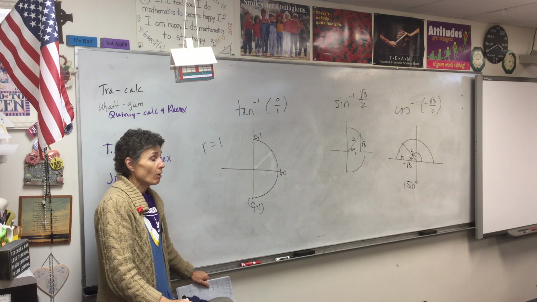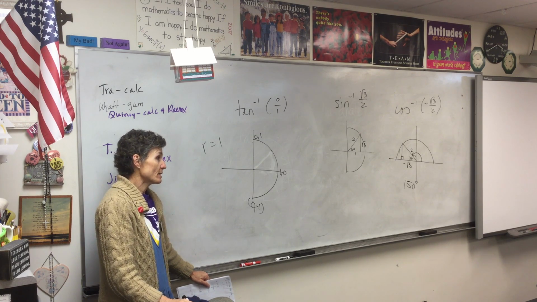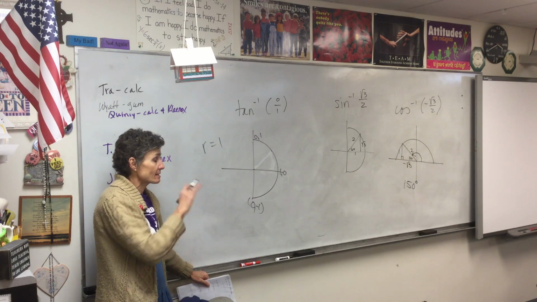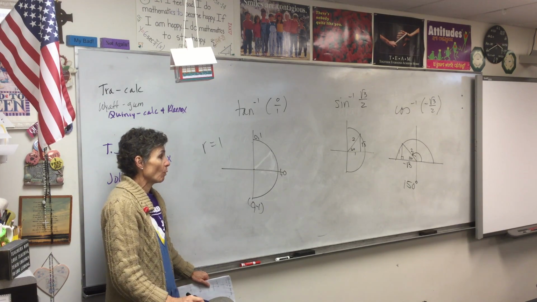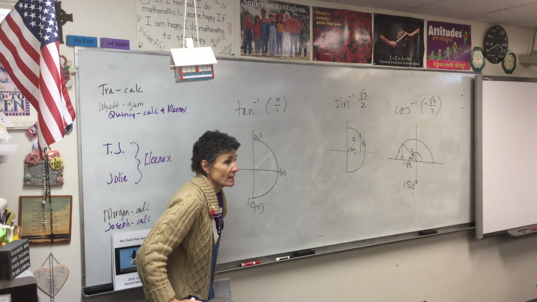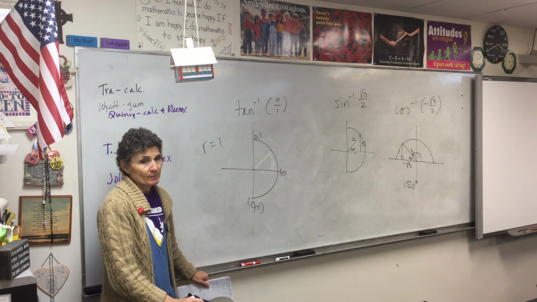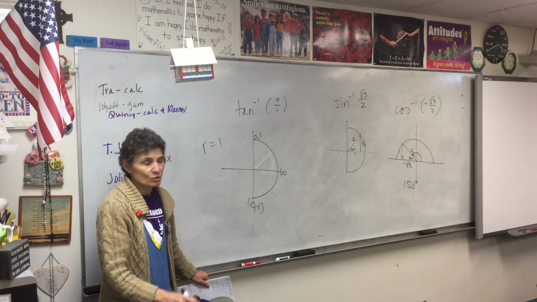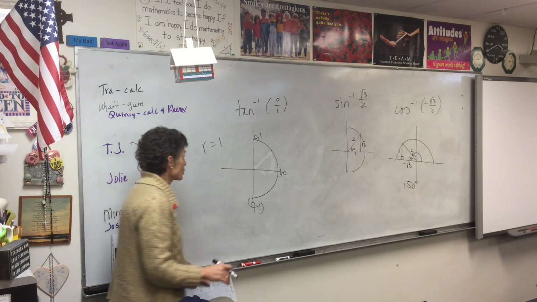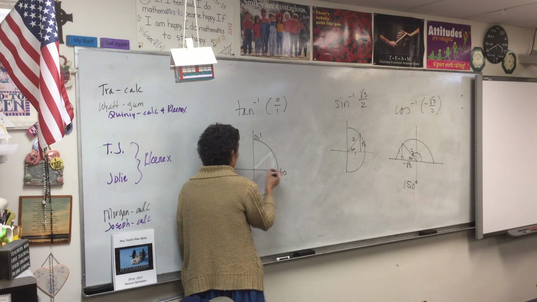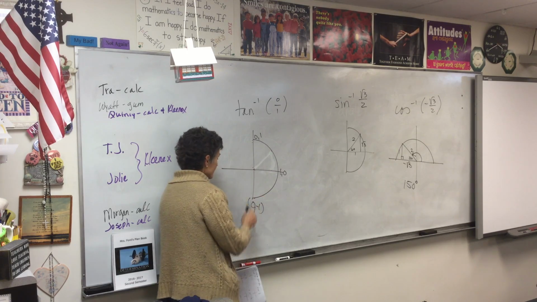When I am drawing what's called a quadrantal angle on an axis, I always let my radius be 1. You can let your radius be anything you want and it won't affect your answer. But 1 is the simplest number, so I use 1. So if the radius is 1, I'm going out 1, up 1, down 1 to get these points.